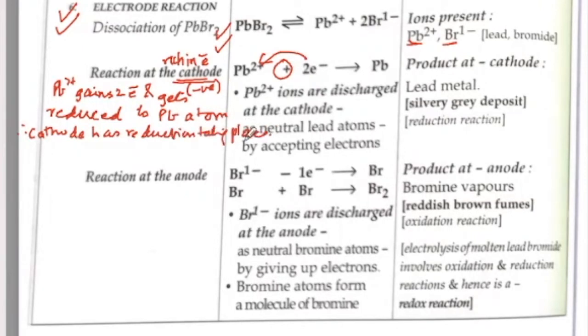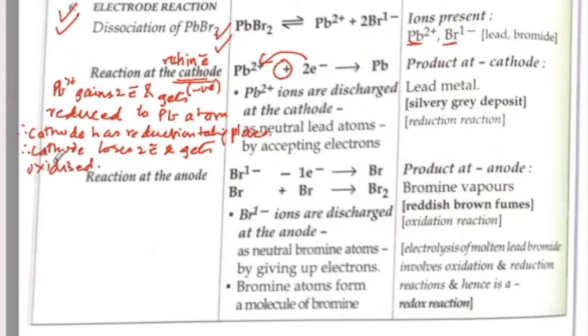Yes, ma'am. Okay, now the cathode is losing the electrons. These electrons are coming from where? From the cathode. So you will say, therefore, the cathode loses 2 electrons and gets oxidized.